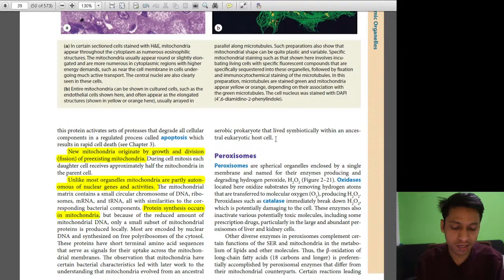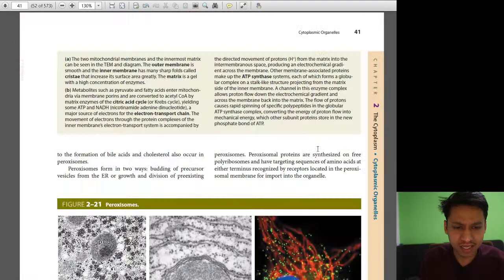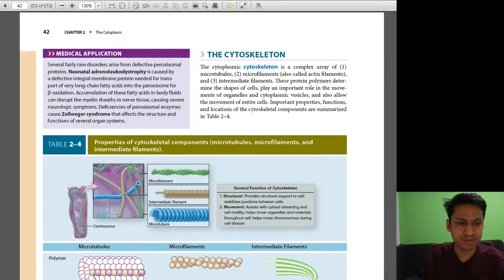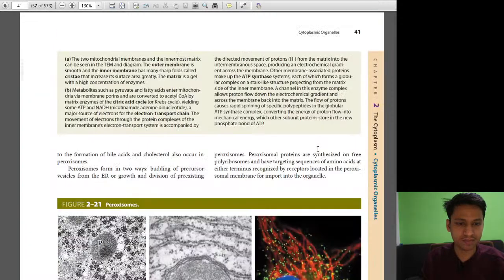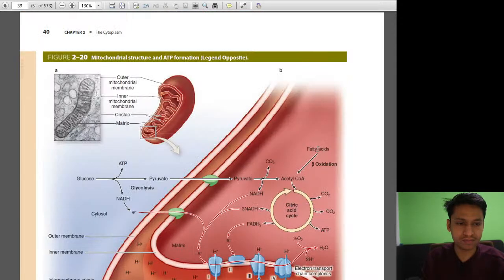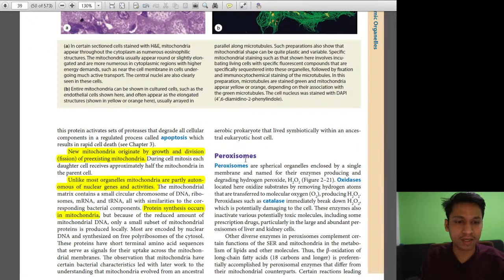Let's get done with the peroxisomes. Very important, and probably the last organelle that we need to study. All right, peroxisomes. Peroxisomes are spherical organelles enclosed by a single membrane.